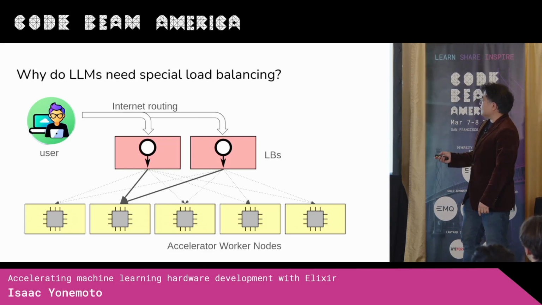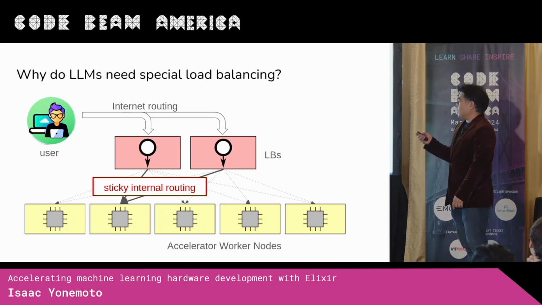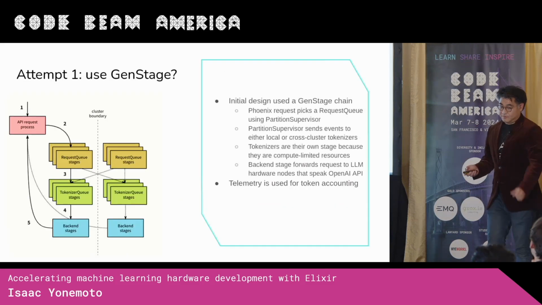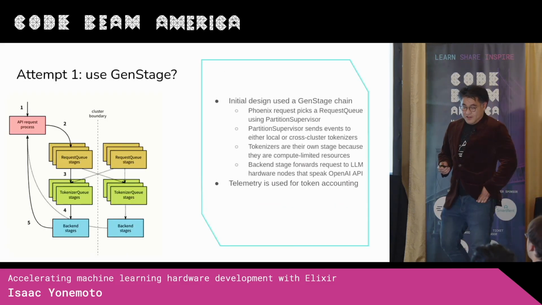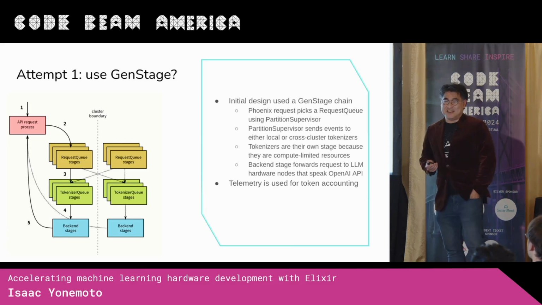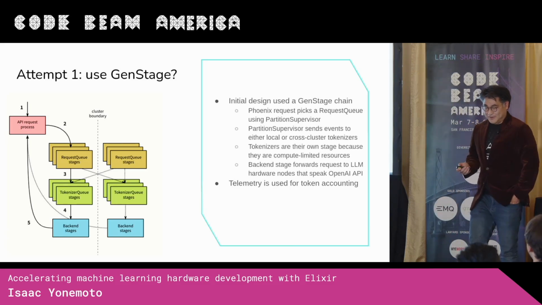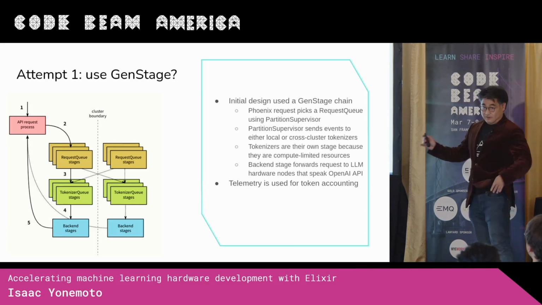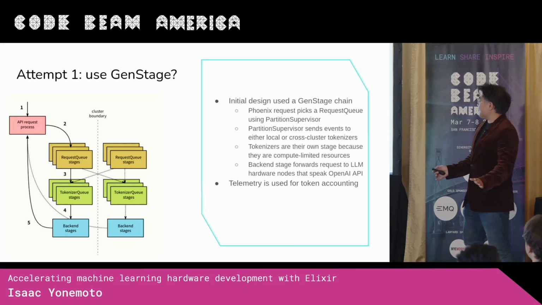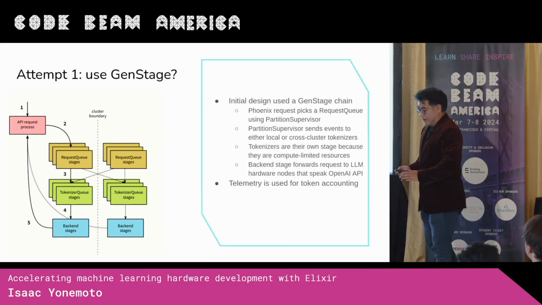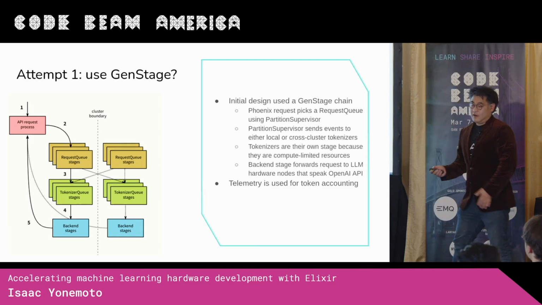So the tricky thing is that we want sticky internal routing. Initially, we attempted to use GenStage. If you were at Sasha's talk, you heard him also have some struggles with GenStage. GenStage is fantastic software for the sort of things it's designed for.